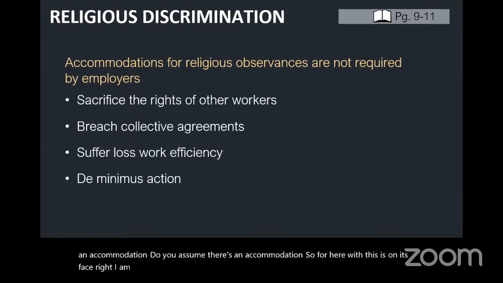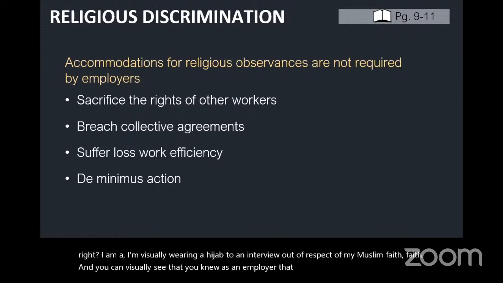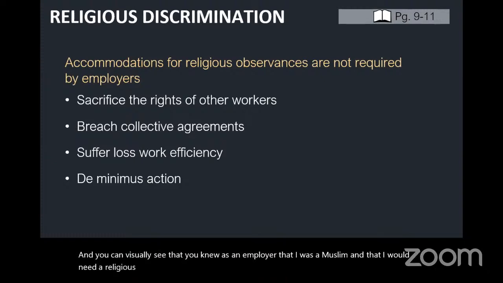I'm visually wearing a hijab to an interview out of respect for my Muslim faith. You can visually see that. You knew as an employer that I was a Muslim and that I would need a religious observance, I would need an accommodation.